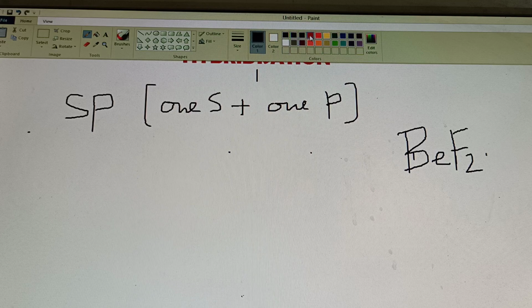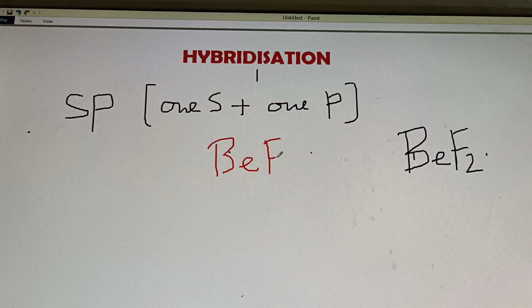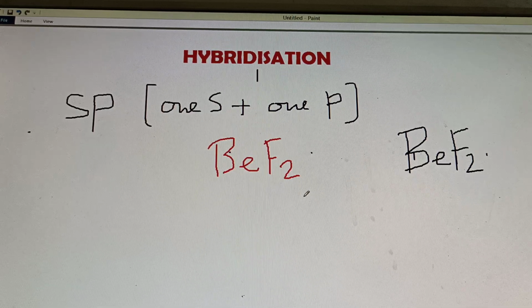So here in BeF2, two elements are there, beryllium and fluorine, in which the electronegativity of fluorine is higher than beryllium. So the electronegativity of beryllium is less than fluorine.